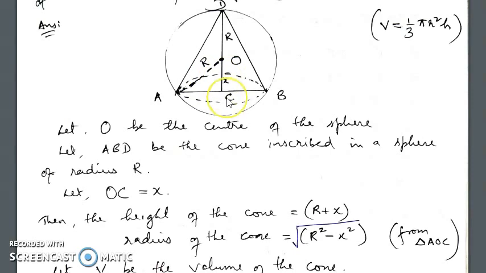If I want to find only the base, I'll have the square root. So the radius of the cone is square root of R square minus X square. This we find from triangle AOC.